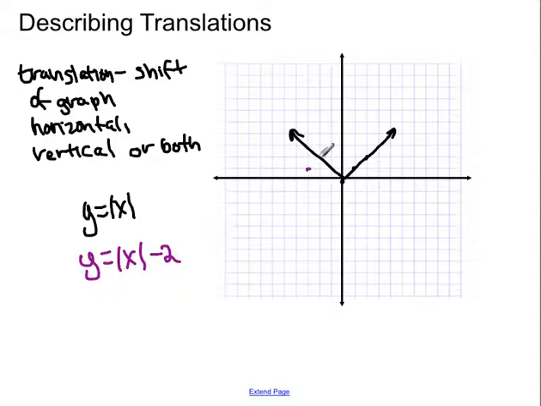Down 2, take this point down 2, down 2. Okay, and you'll see that it results in a graph that looks like that.